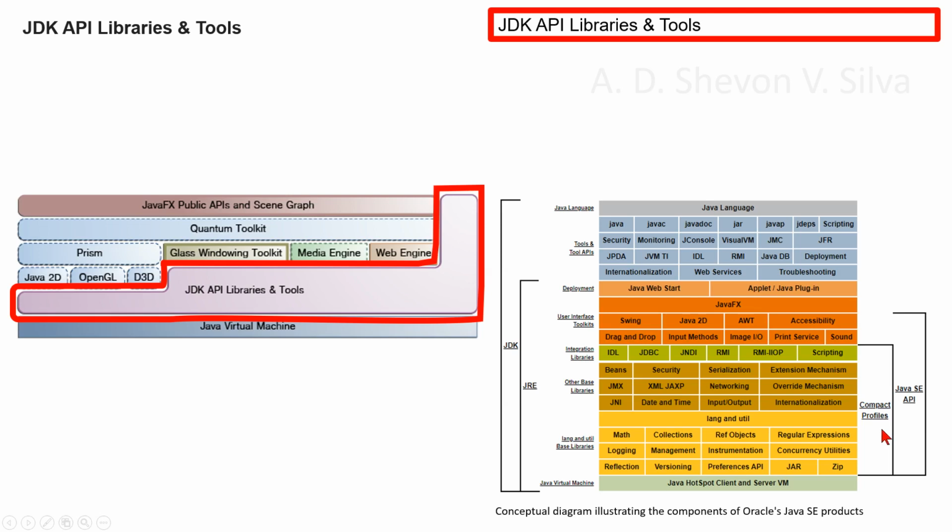Compact profiles. Compact profiles introduced in JDK 8 enable reduced memory footprints for applications that do not require the entire Java platform. The javac compiler has a -profile option, which allows the application to be compiled using one of the supported profiles.